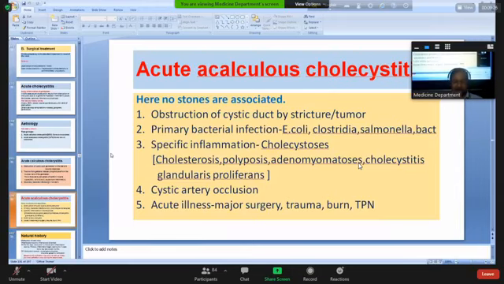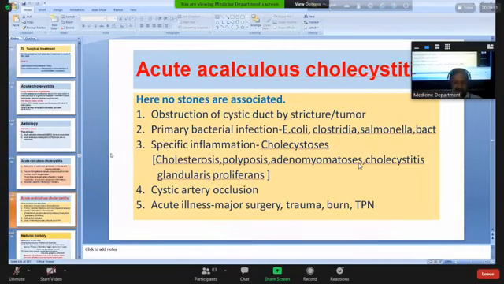If there is obstruction of the cystic duct other than by stone, like by stricture or tumor, the same sequelae can follow. Primary bacterial infection: if the bacterial infection is severe enough, that might be responsible for acute inflammation, like Salmonella, Clostridia, E. coli.